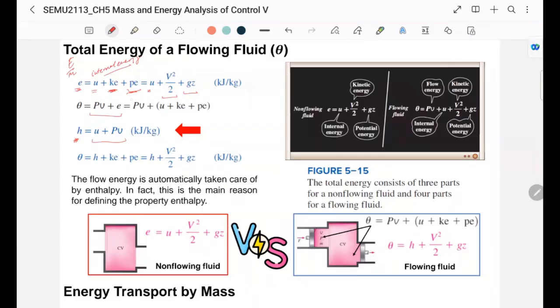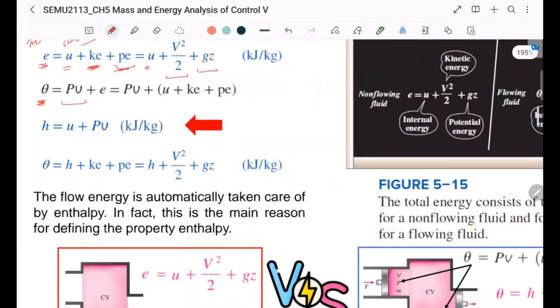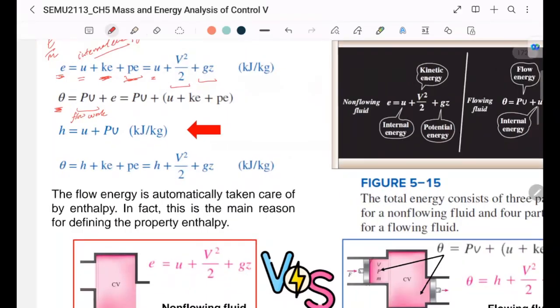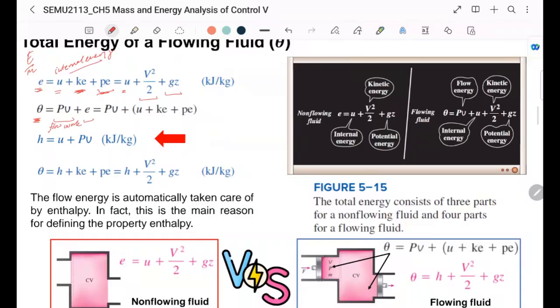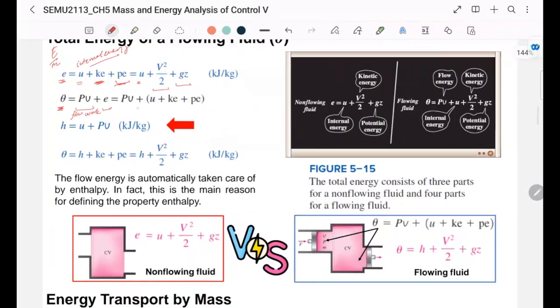If we just leave it as it is, the total energy of the flow itself, we write as theta, is basically equal to the flow work itself plus the E, which we can expand like this.